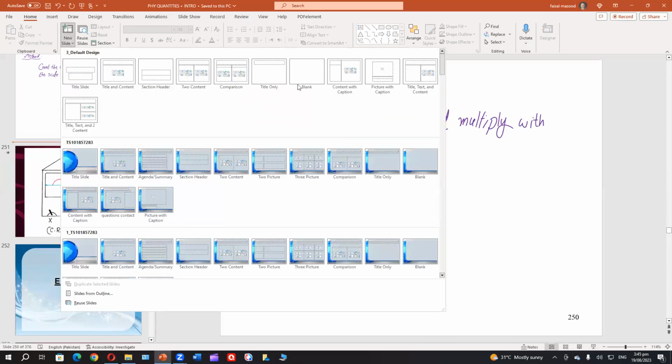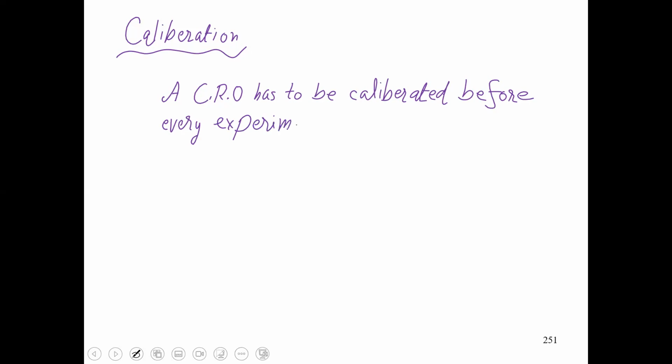Then give a side heading: calibration. So a CRO has to be calibrated before every experiment.